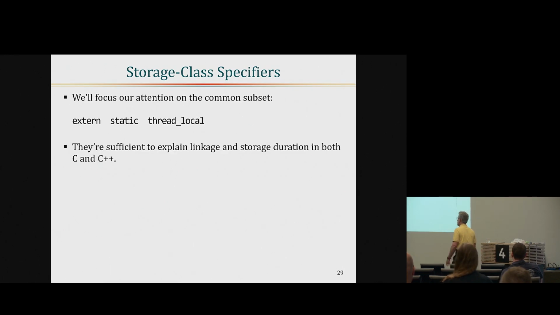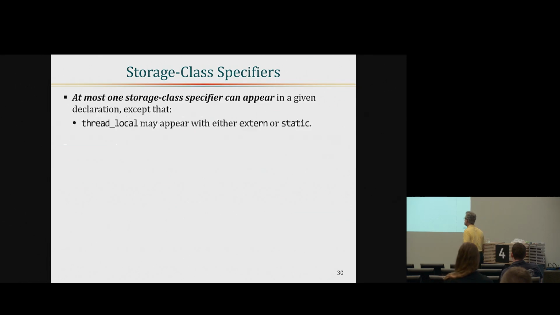So let's focus our attention on these three. These are the three that are common to C and C++. And they're sufficient to create enough examples to show the distinction between linkage, storage, duration. Now, the rule is at most one storage class specifier can appear on a declaration, with one exception, and that exception is thread local is allowed to appear with extern or static.